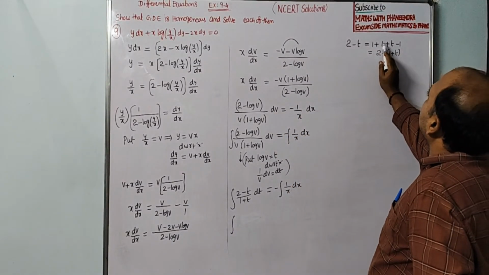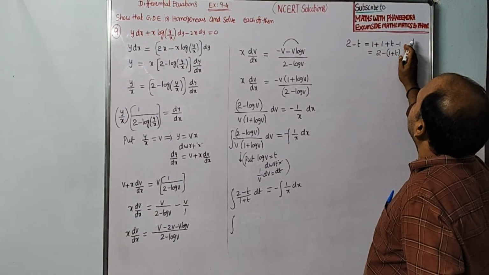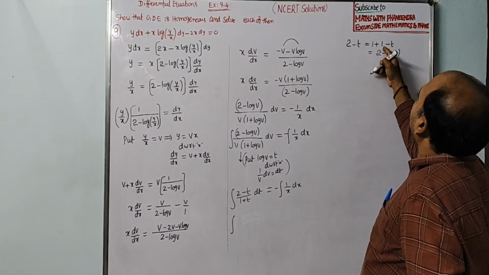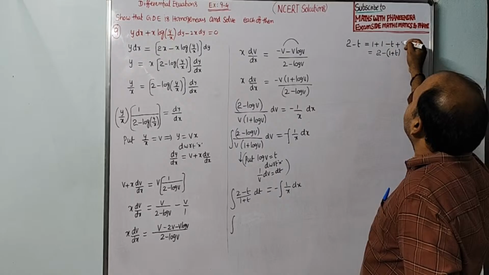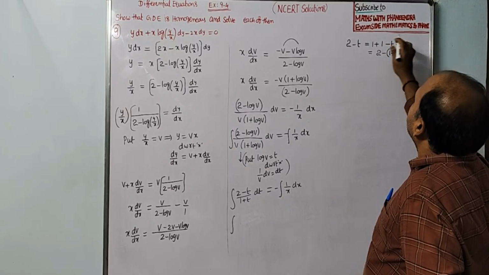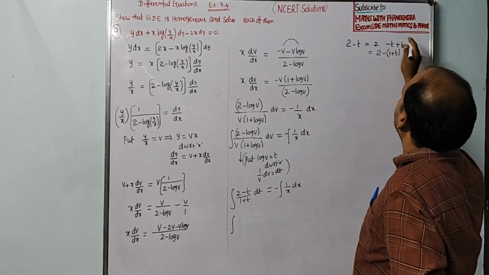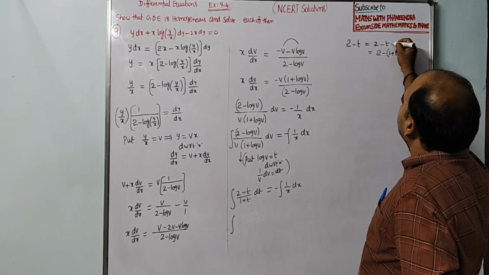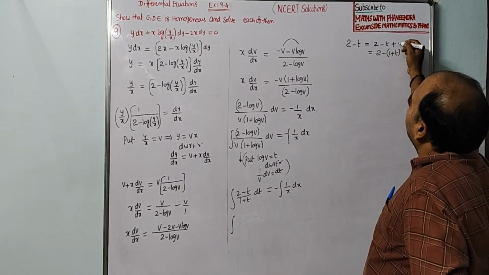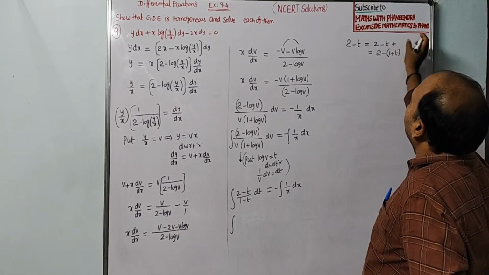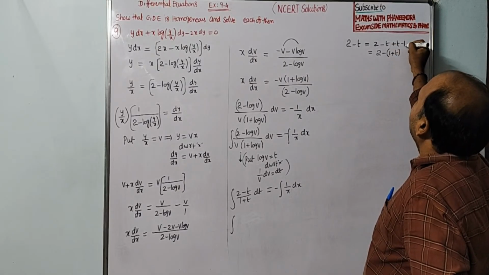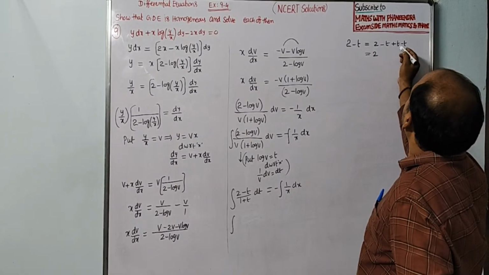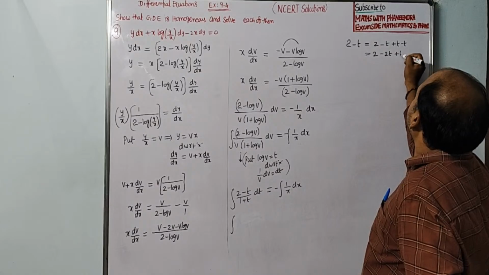So here we are adding and subtracting plus t and minus t, so 2 minus 2t plus t.